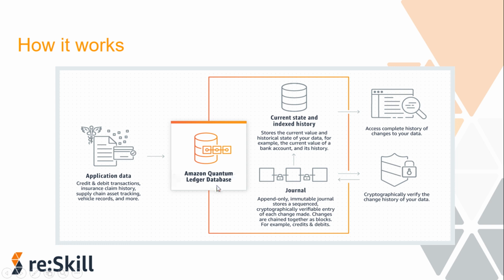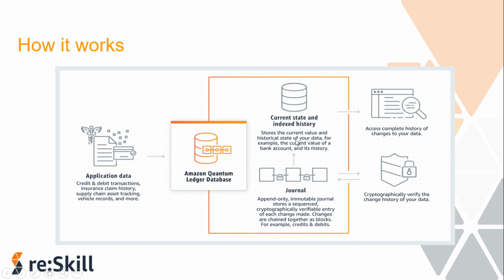QLDB takes it all up, and then there's a journal which is append only, which contains a sequenced, cryptographically verifiable entry of each change that is made to the data, and changes are then chained together as blocks. For example, the credits and debits that have happened are chained together in the form of blocks.